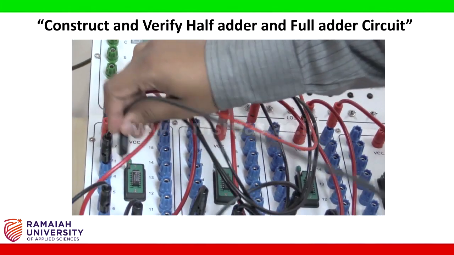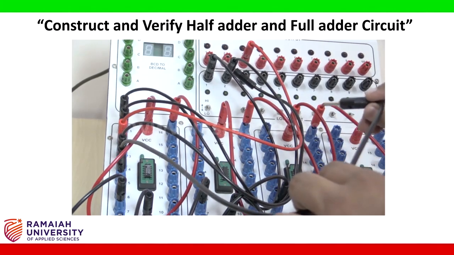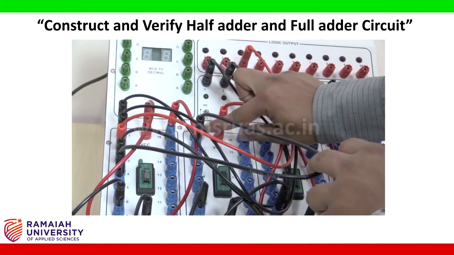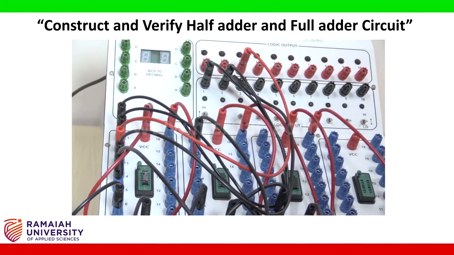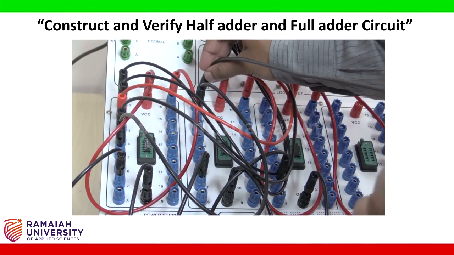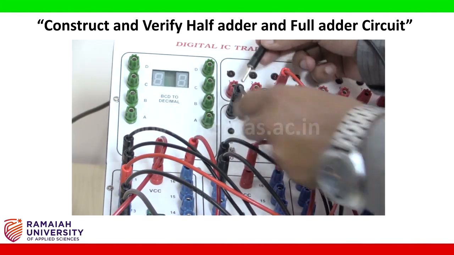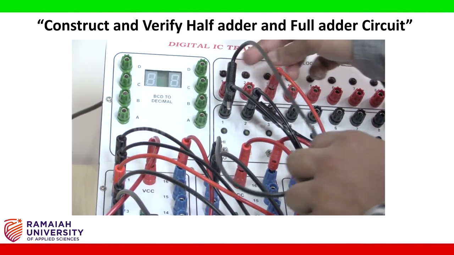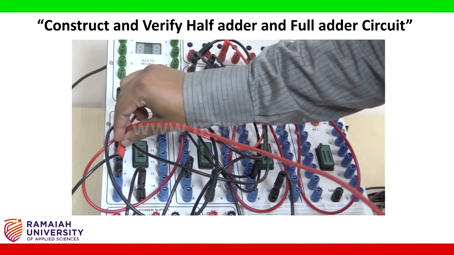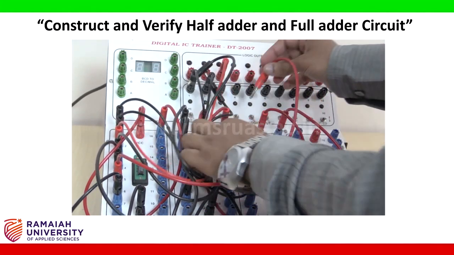Pin number 5 is connected to the output of the NOT gate, that is pin number 2, which represents the output of the NOT gate. Now the input of this NOT gate, that is pin number 1, is connected to the input A, which is here. Now the output of the AND gate is connected as input of the OR gate, that is pin number 1.